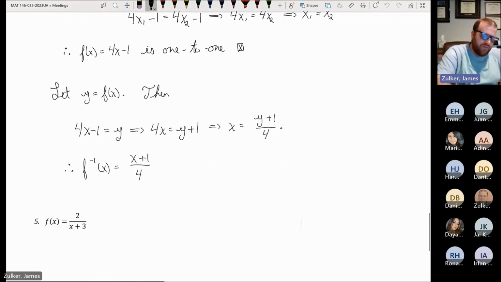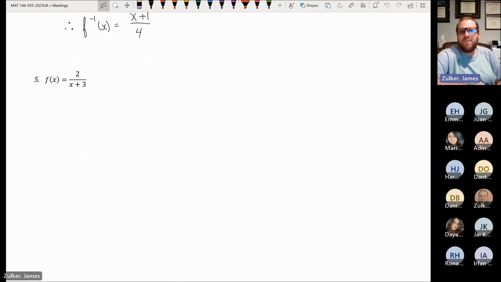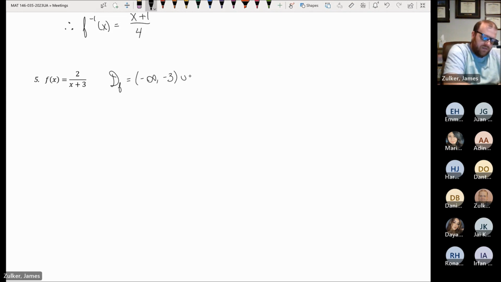All right, let's look at the function 2 over x plus 3. What I'm going to do here is write out its domain. Its domain is everything but -3, right?